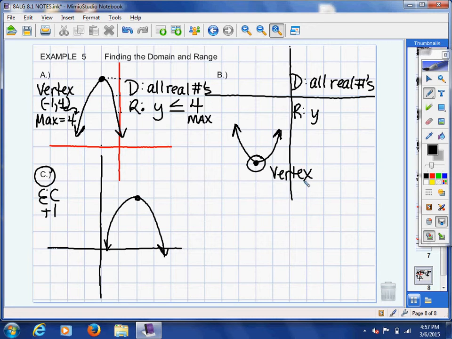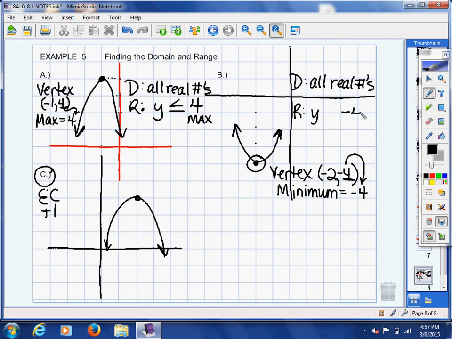The vertex looks like it's -2, -4. Because it opens up, your vertex is your minimum. So that means the minimum is -4. The y value of your vertex is the value of your minimum.